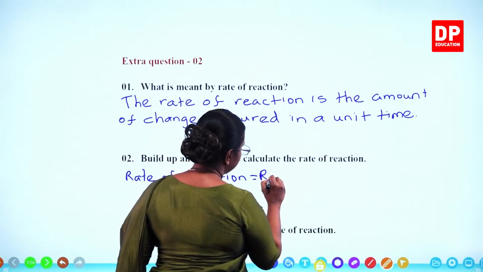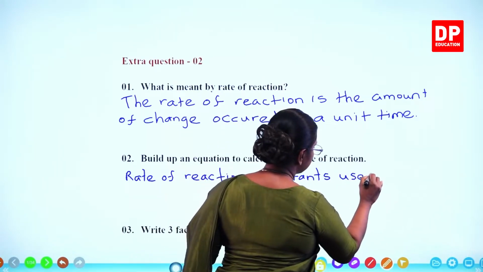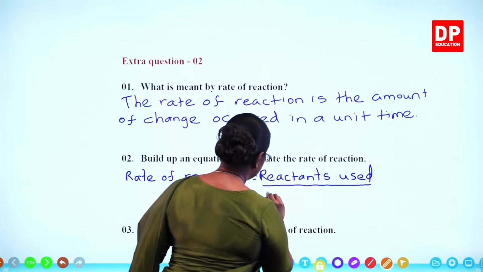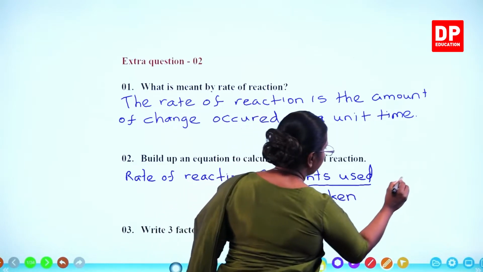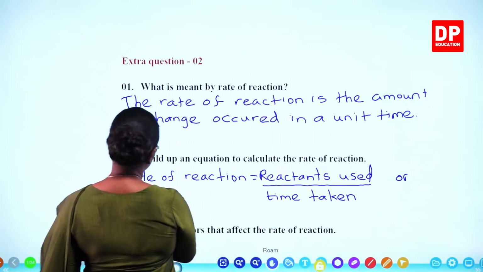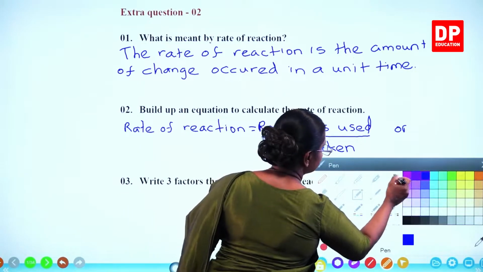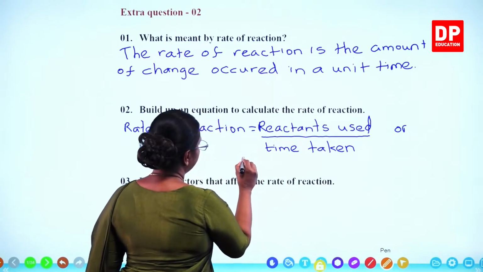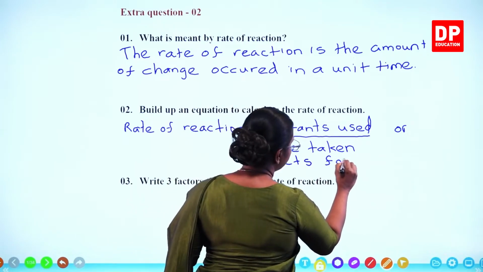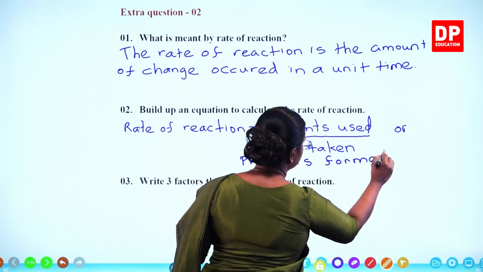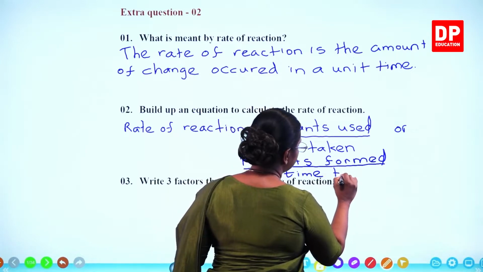equals reactants used divided by time taken, or you can say products formed divided by time taken.